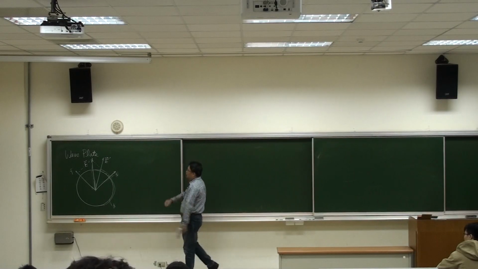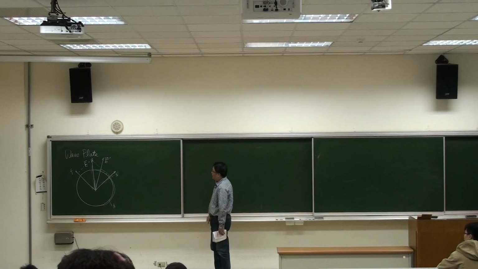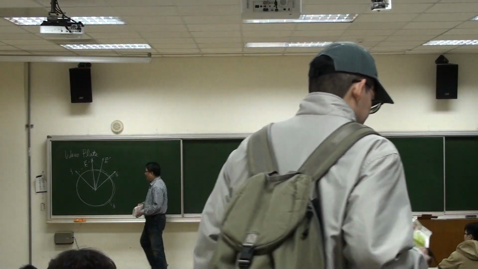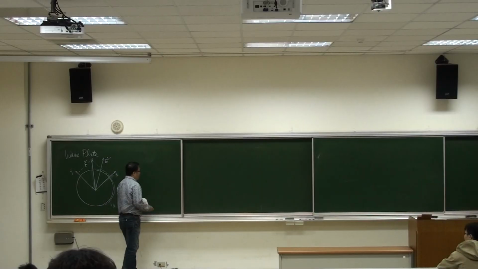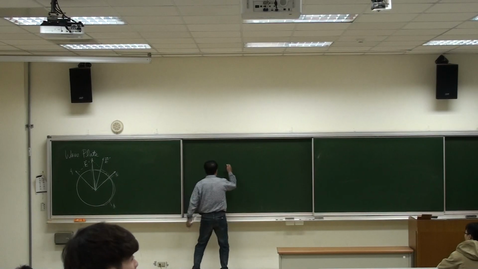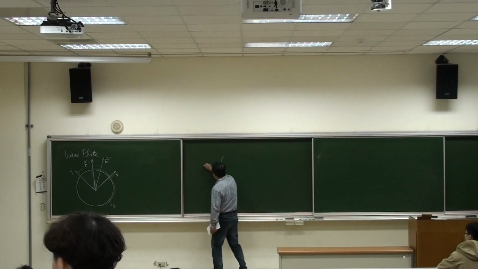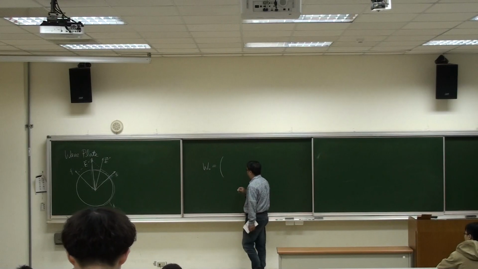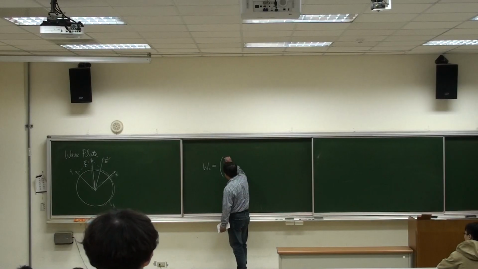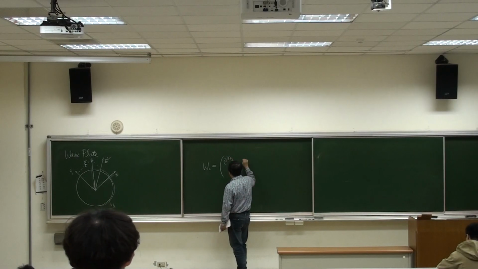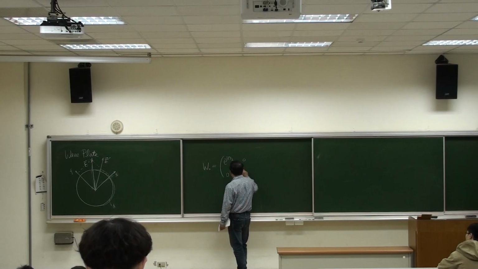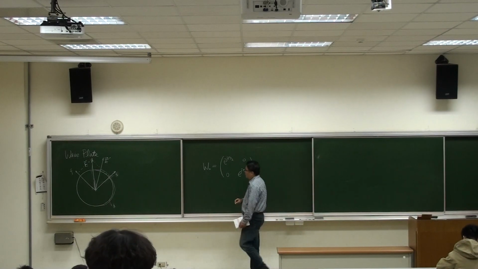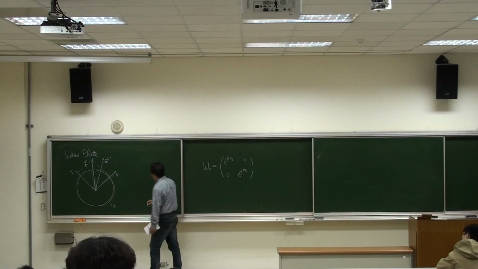However, if we try to formulate the problem mathematically, then we find that the wave plate can be represented by a W0 matrix if we work in the crystal graph.